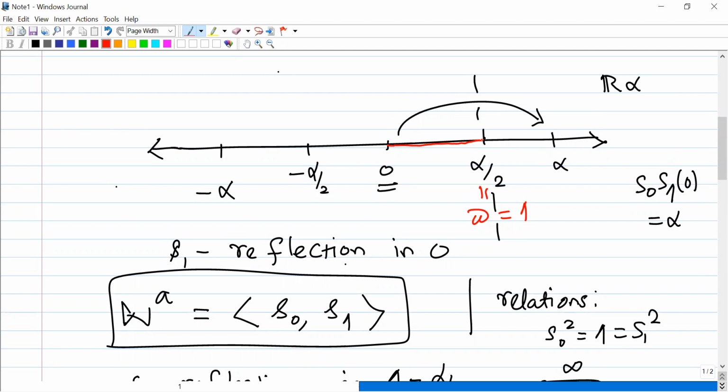Sigma acts on this and permutes the nodes. What sigma does is take 0 to 1 and 1 to 0. One way to think about it is that it is a reflection about 1 by 2, where 1 is alpha by 2. So the reflection about 1 by 2 is sigma.